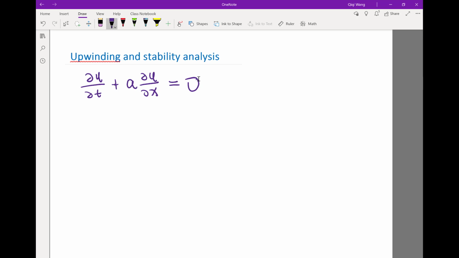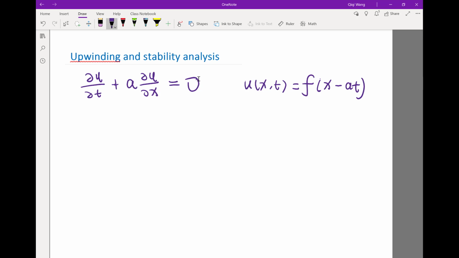So we analytically proved that if we plug in a solution that is u(x, t) equal to any function, which is determined by the initial condition, of x minus at, then we know the solution is going to satisfy the differential equation.